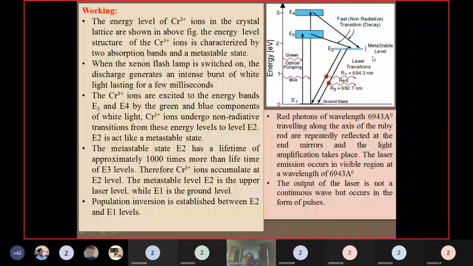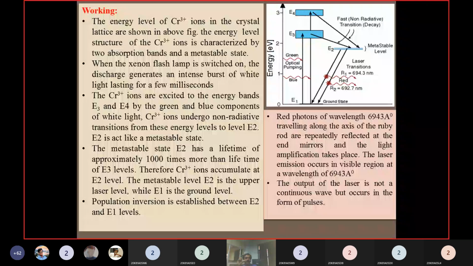Already in semiconducting lasers, while explaining the LED, I said there is direct band gap and indirect band gap. If direct band gap is there, then only light will be emitted through that transition, because the selection rule is followed.